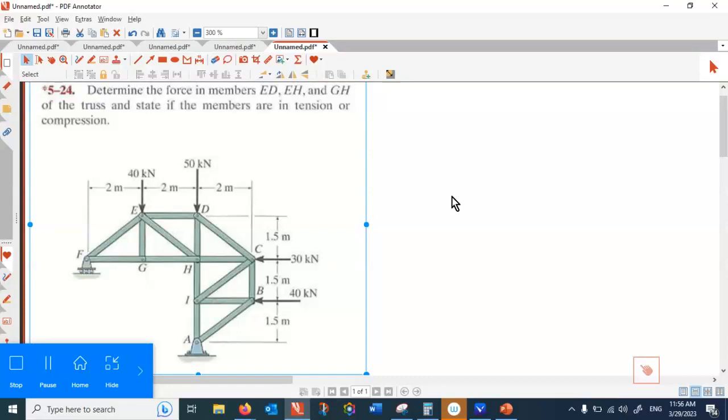Do I need to solve the reactions? Yes, one of the reactions is enough, right? And if we choose to keep the left-hand side free body diagram, we only need Fy. So let's do that first.